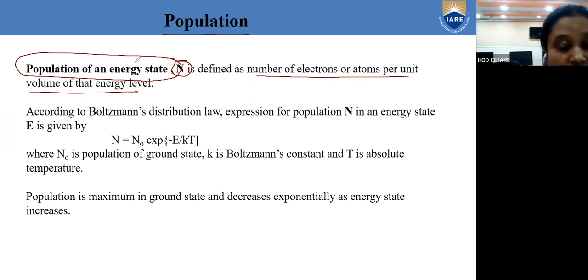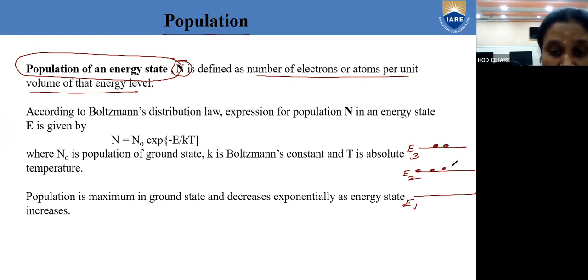Suppose I have one ground state E1, and two excited states, E2 and E3. Suppose here I have two atoms, here six atoms, and here just one atom.